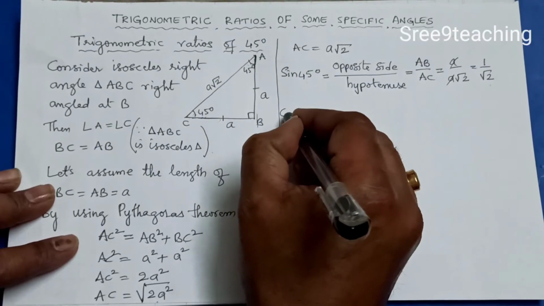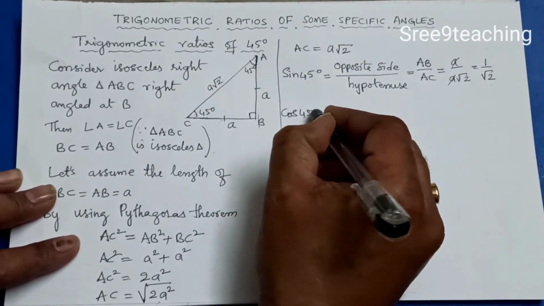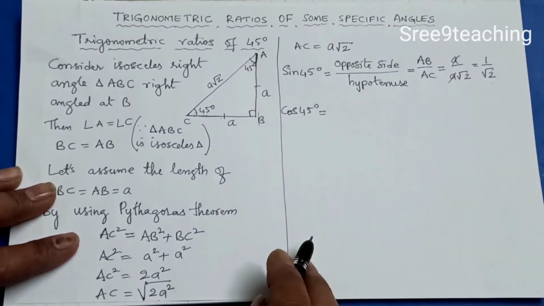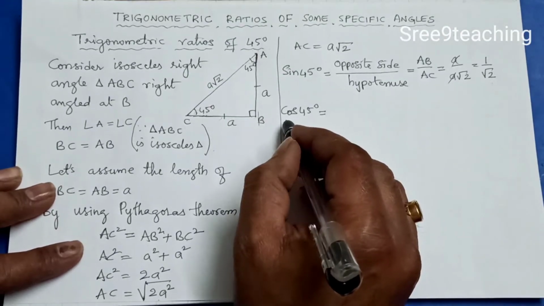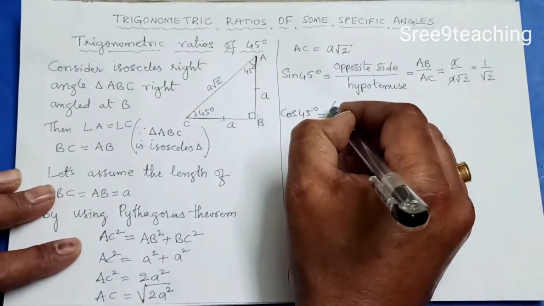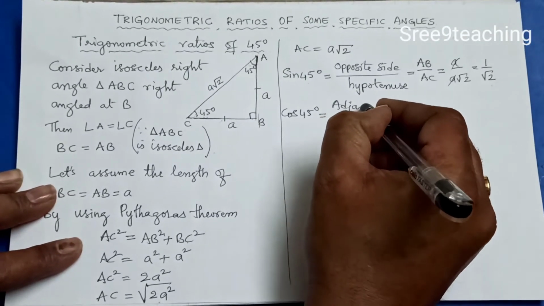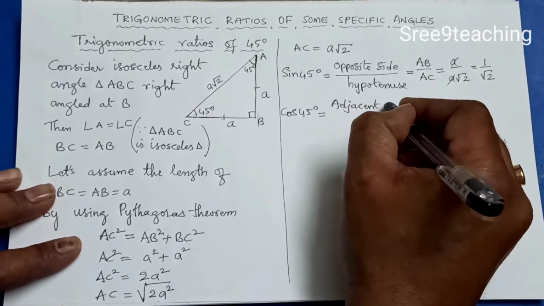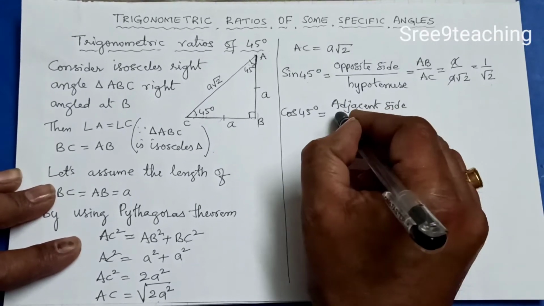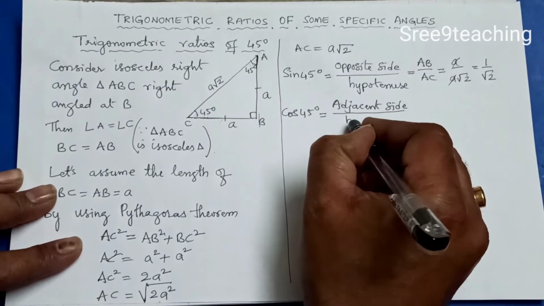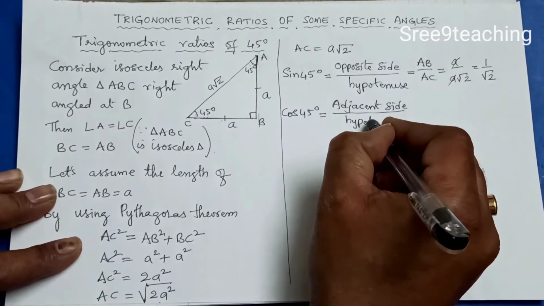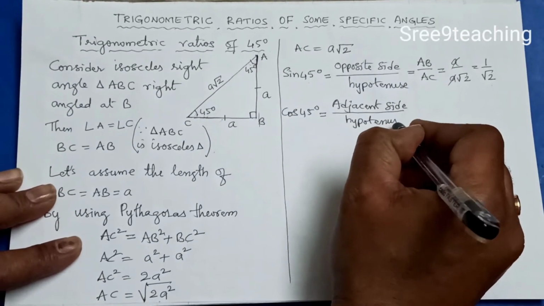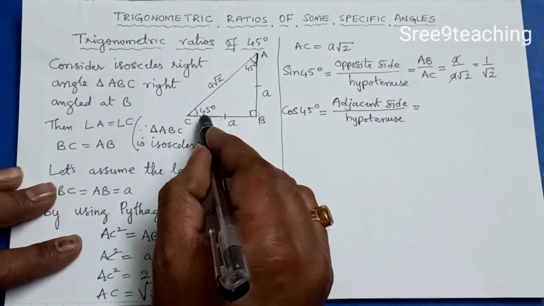Likewise, we will find cos 45 degrees. Now what is the trigonometric ratio for cos? It is adjacent side by hypotenuse. So now what is the adjacent side to 45 degrees?